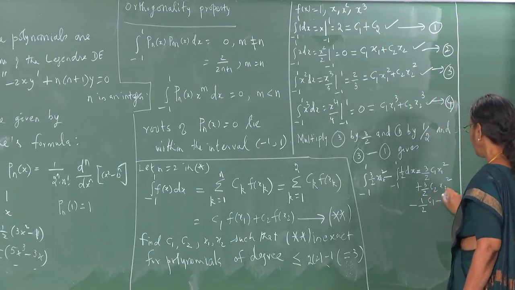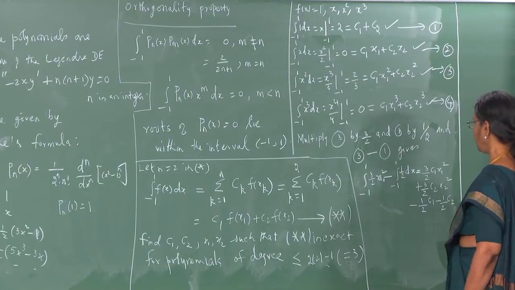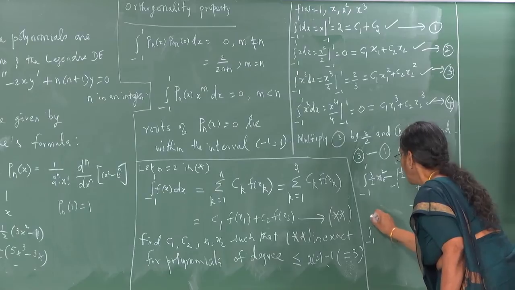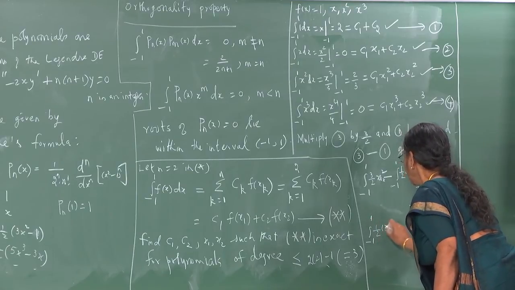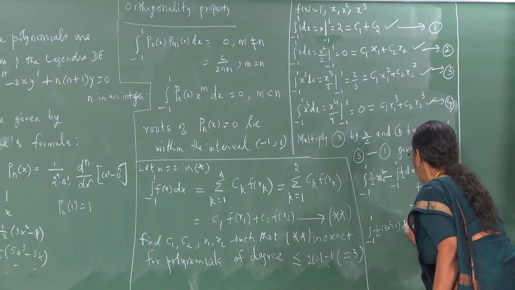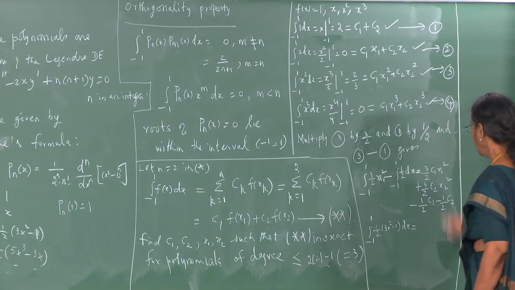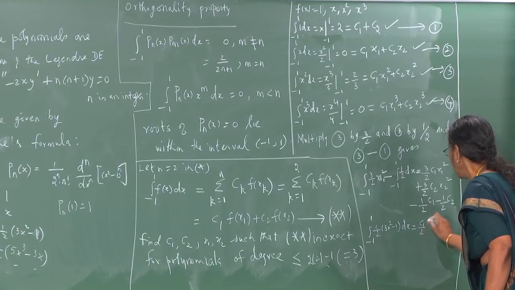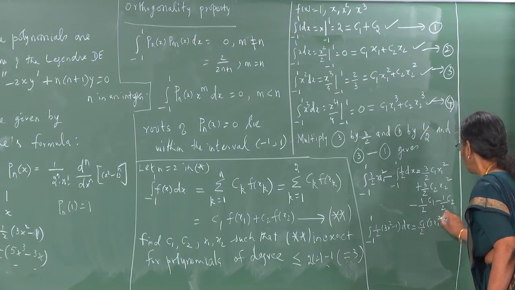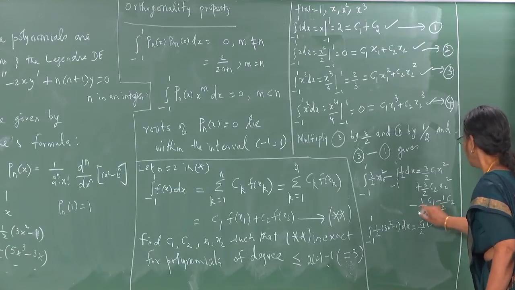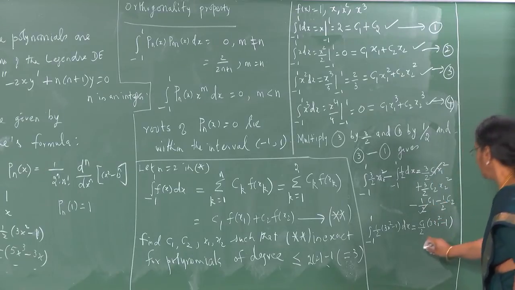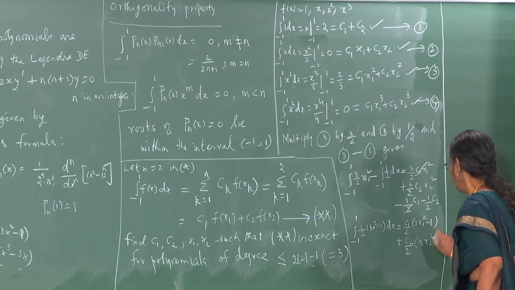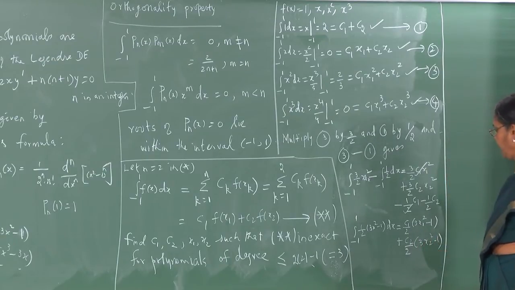So, half C1 minus half C2. So, the left hand side is integral minus 1 to 1 half of 3x square minus 1 dx, and the right hand side gives me C1 by 2 into 3x1 square minus 1. So, I have taken these two terms plus C2 by 2 into 3x2 square minus 1.